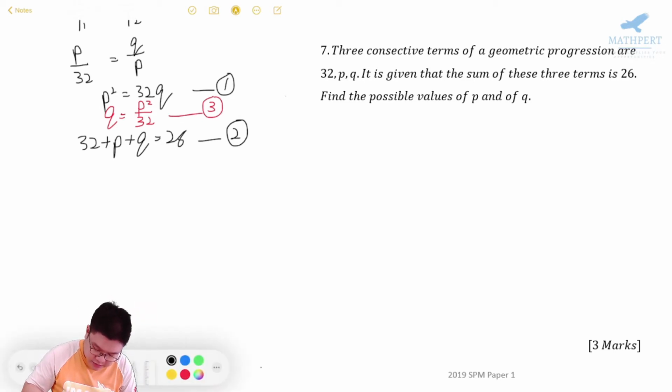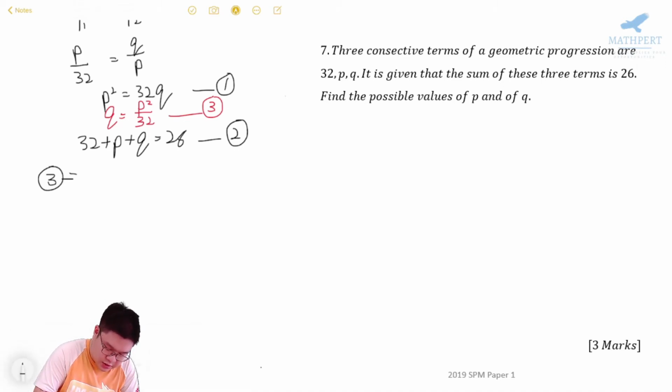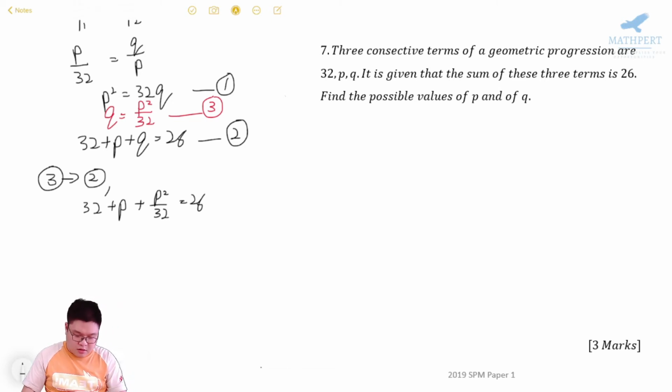And then I can say that equation number 3 is substituted into equation number 2. And what do I get? I will get 32 plus P plus P squared over 32 equals 26.